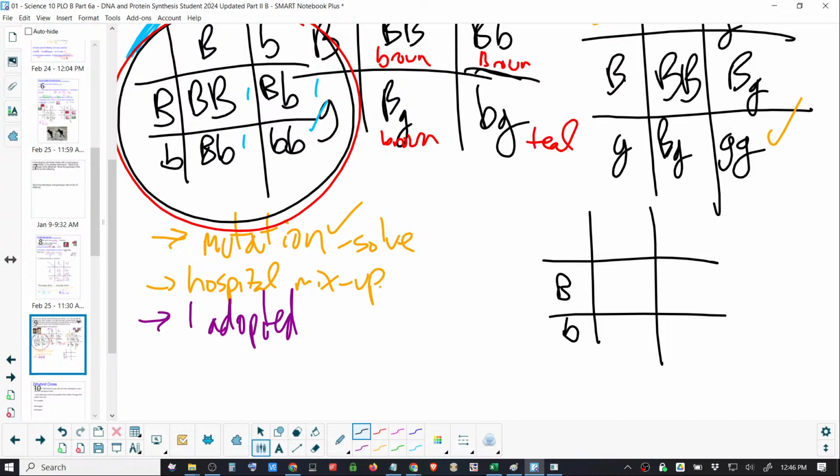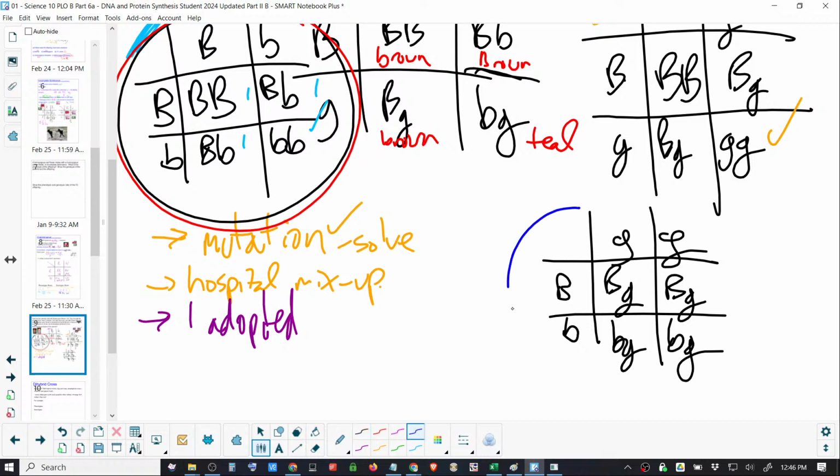Oh wait, that doesn't work, because how do you get green? What could we put up here? But then you get teal. Oh wait, yeah, that doesn't work. Doesn't that mean the parent is green?